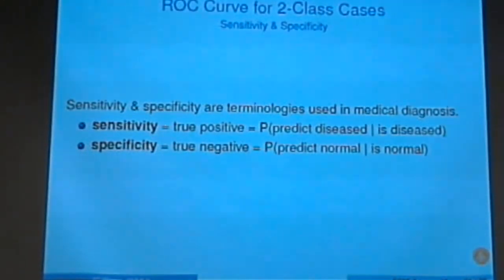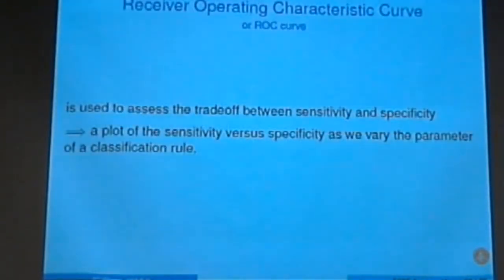Ideally, we want 100% sensitivity, which is rarely achieved, but at least we want this sensitivity to be as near 1 as possible. In some communities, they call this the receiver operating characteristic curve, the ROC curve.